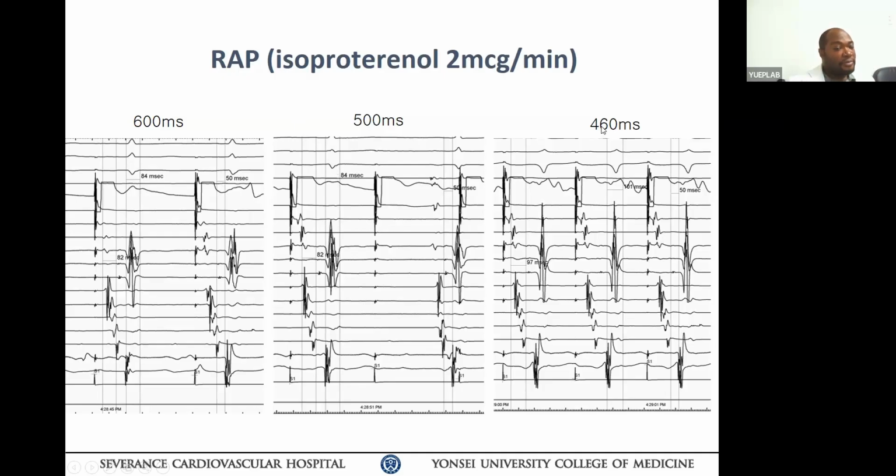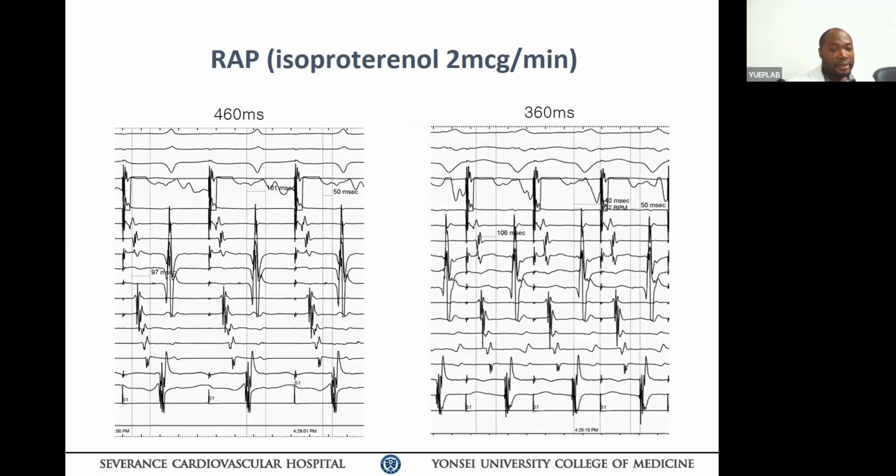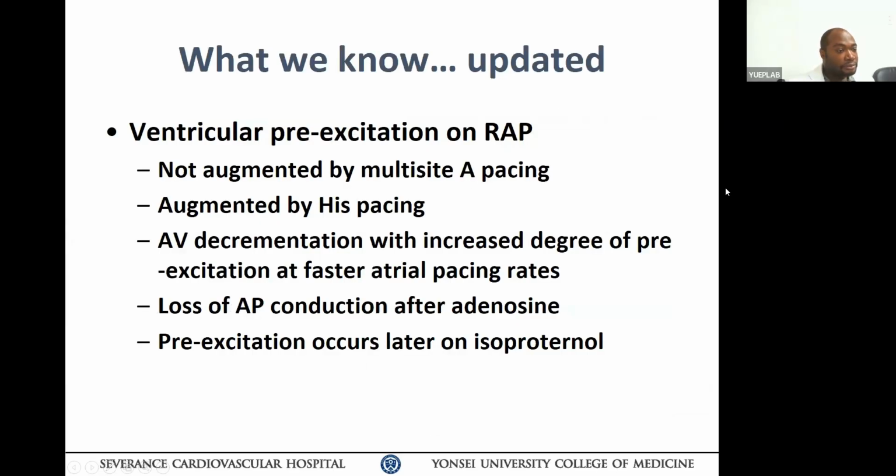But as we paced faster, this time at RAP 460, now we had the QRS broadening as we had experienced earlier. So on improving AV conduction, the onset of the pre-excitation delayed further. And then, this is just showing the same pattern here at RAP 360. This was the block cycle length after isoproterenol. Again, we see that this is where we have the maximal pre-excitation.